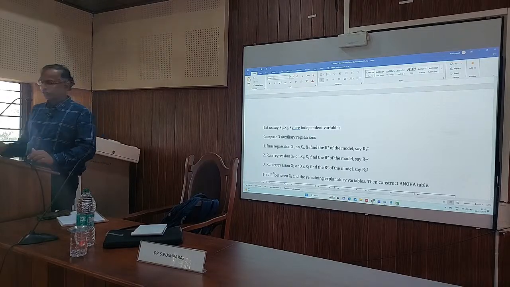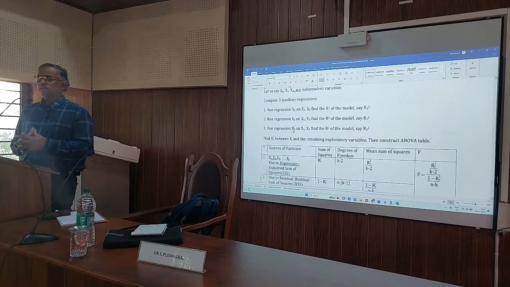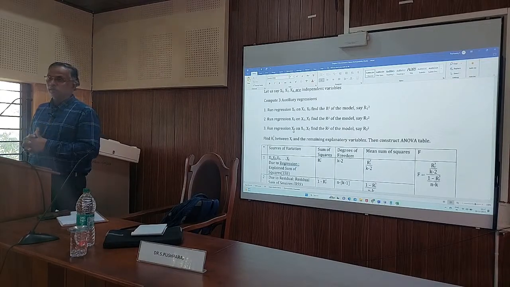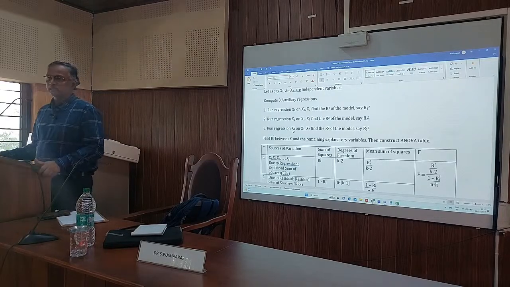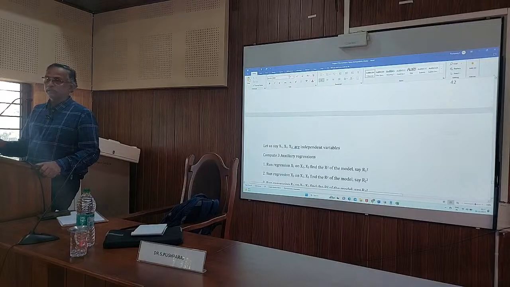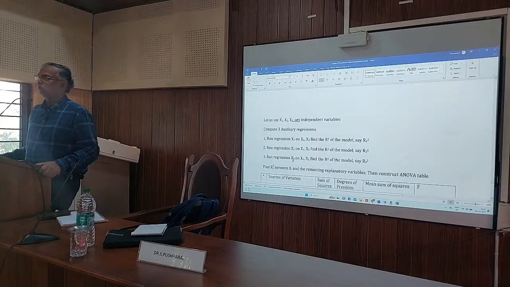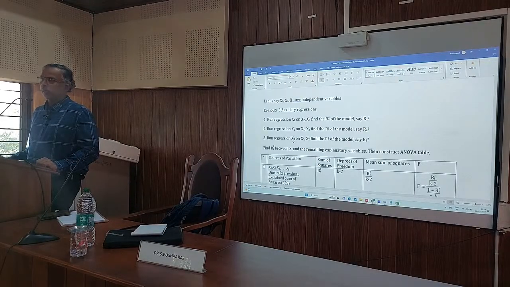You run the regression, take the R square value, and afterwards the Lagrangian multiplier test, the LM test, is applied for each of them. These are all auxiliary regressions; the main regression is different. You have to run all combinations of auxiliary regressions. If in any of the regressions you have significant results, then you can suspect a multicollinearity problem.